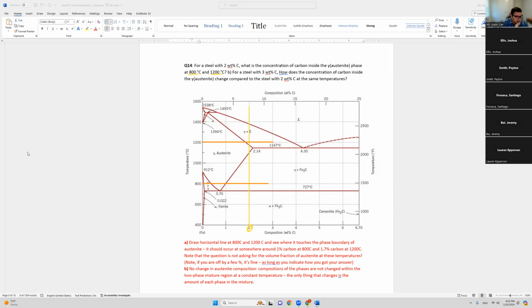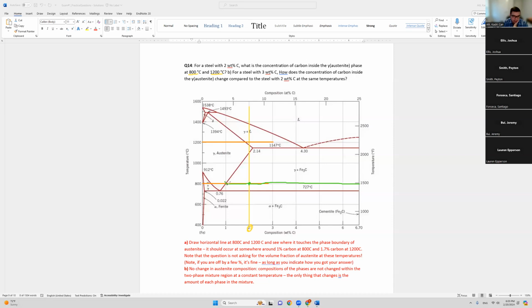Let's look at the intersecting points. Start with 800. What is the concentration of carbon inside the austenite phase at 800? I'm at this point. To find the concentration of carbon, I just need to draw this tie line to the left and to the right, all the way to the border of cementite.